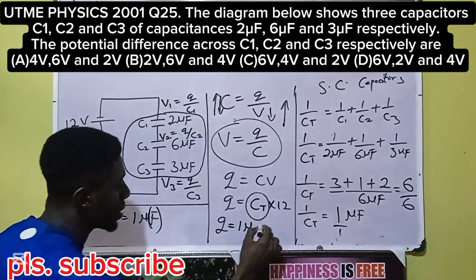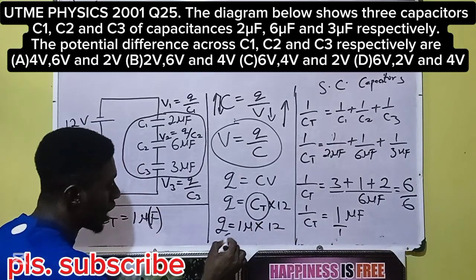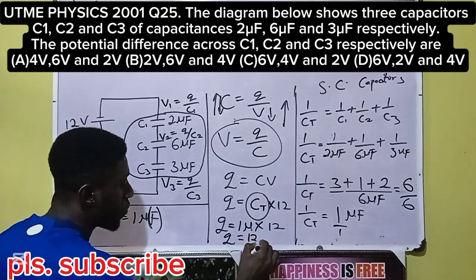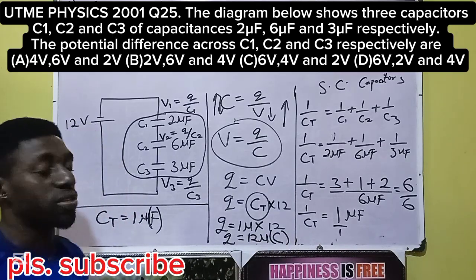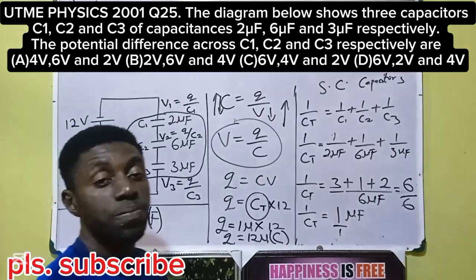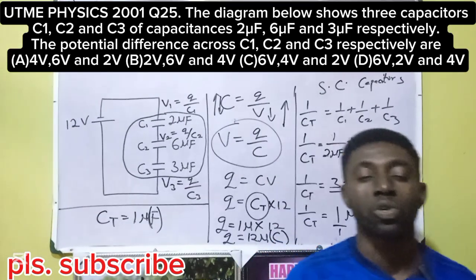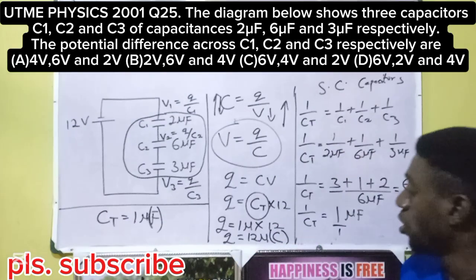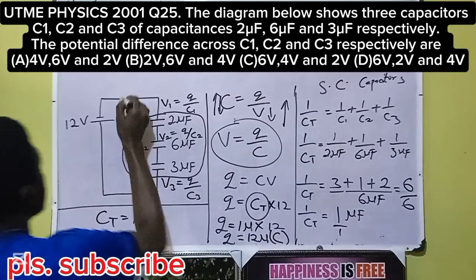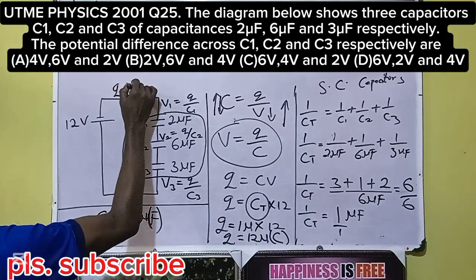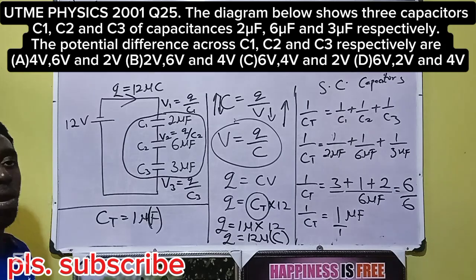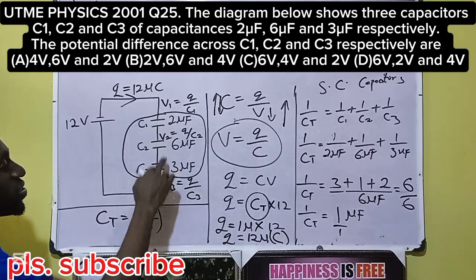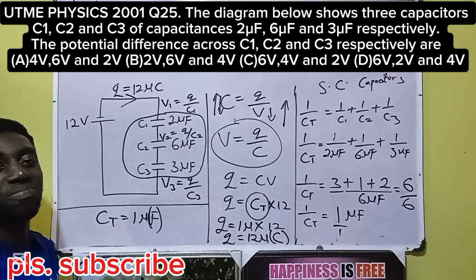So 1 micro times 12, the charge becomes 12 microcoulombs. The unit of charge is coulombs. So we've got our charge. Q is equal to 12 microcoulombs, the overall charge in the circuit.